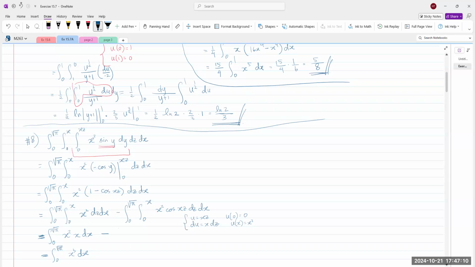Okay, so my integral now from 0 to square root of pi, integral from 0 to x squared, right? Now I will use one of the x together with the x in dz to make it du. So now I have x cosine u du dx. Can you see that?